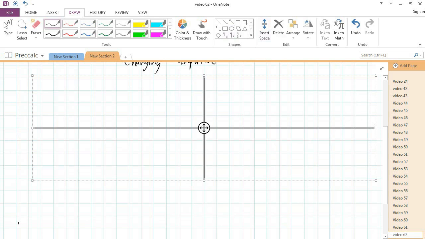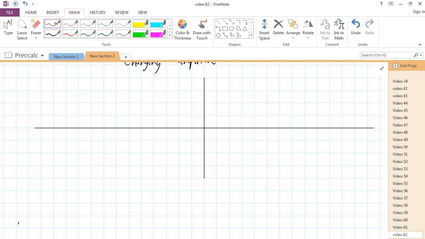On the downside, that took us a while to do, and if we are going to make a lot of graphs of sine over the next few days, we need a faster way of graphing, and here it is.